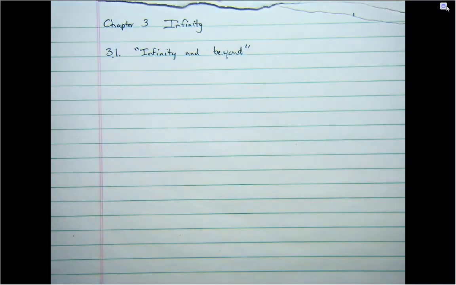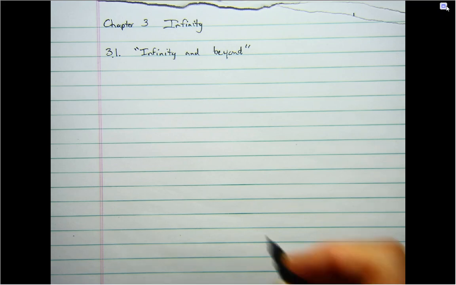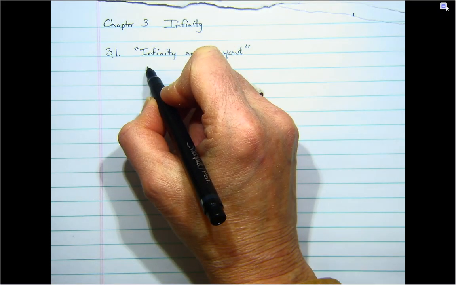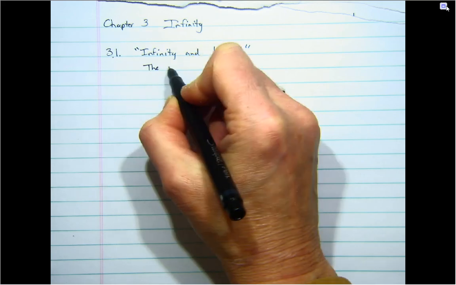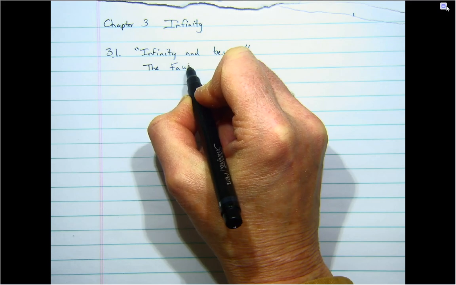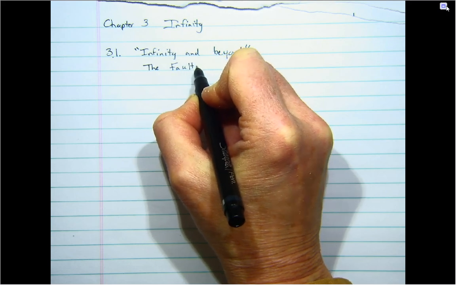Anything else? Anybody else have ideas that came to mind? Yes. My mind went straight to the book, The Fault in Our Stars. How do you spell that? F-A-U-L-T, and then in Our Stars.